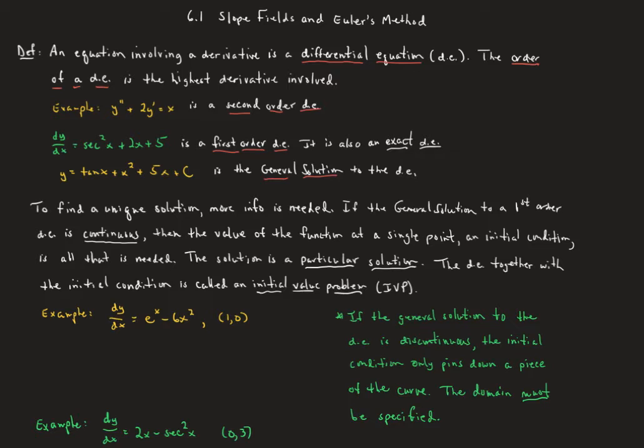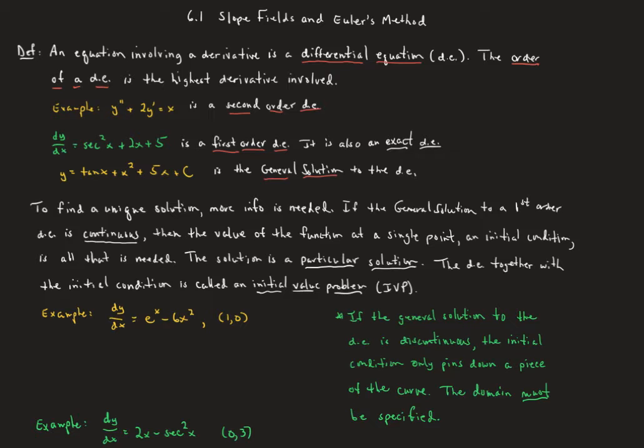That solution, once we use the initial condition to determine what that value of c is, is referred to as a particular solution. The differential equation, together with the initial condition, is called an initial value problem, and that part is more of a calculus teacher thing.